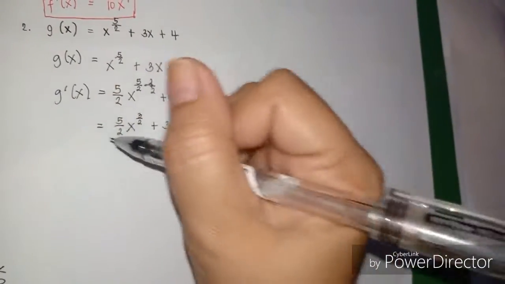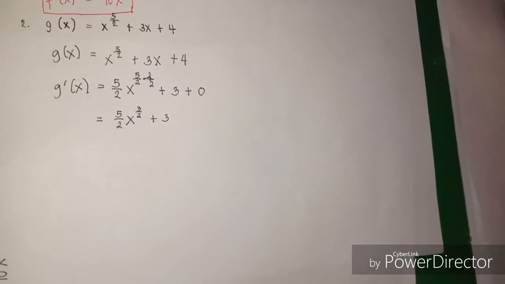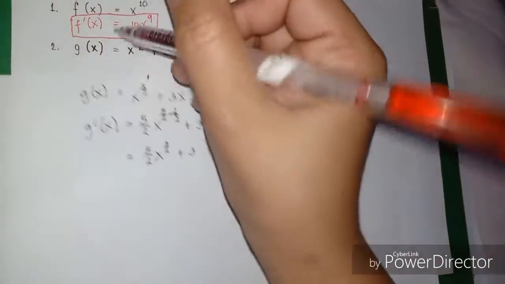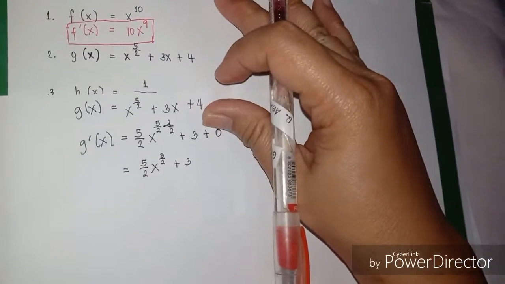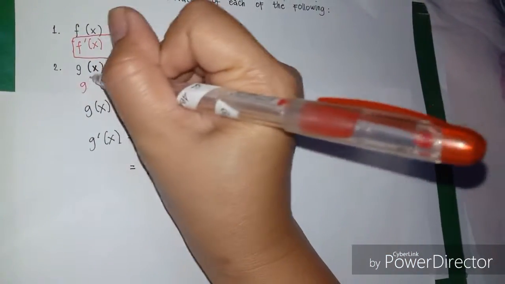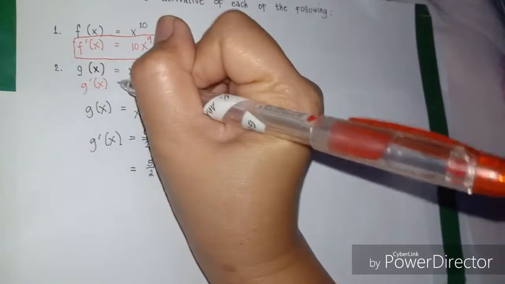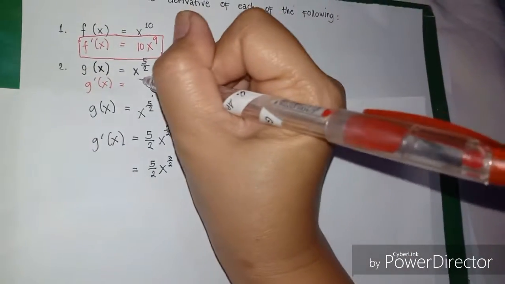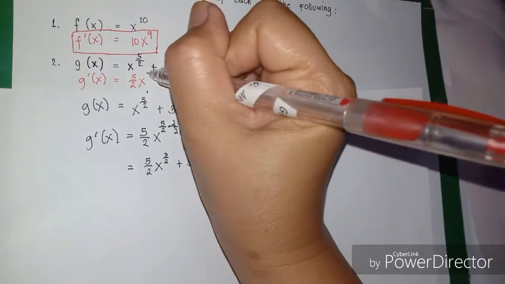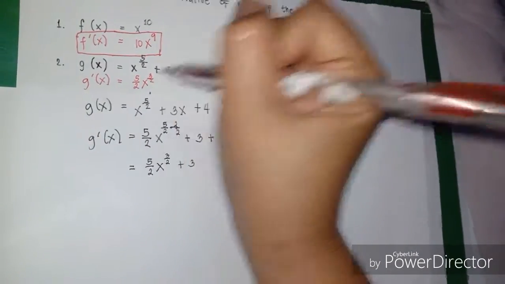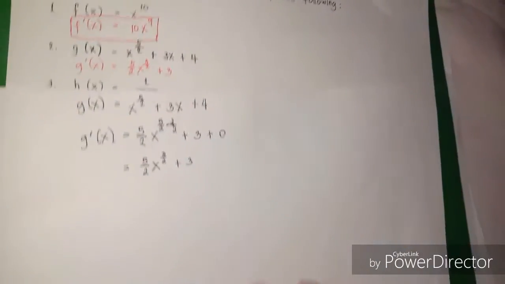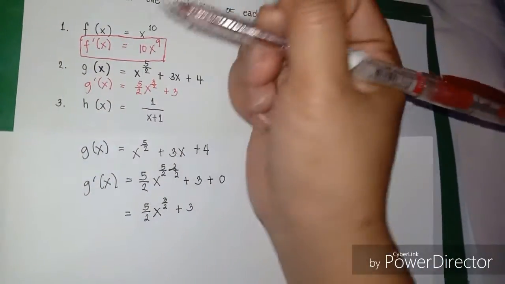So again, the derivative of the given function in number 2, the derivative of g of x, is equal to 5 over 2 x to the exponent of 3 over 2 plus 3. Okay, so that's for number 2.